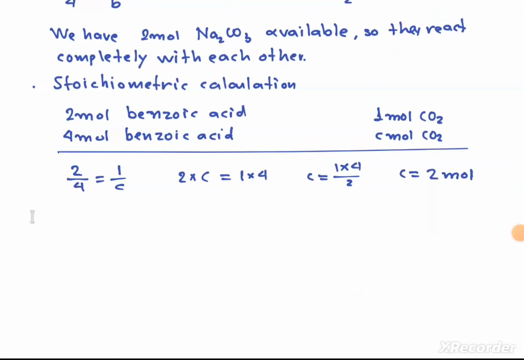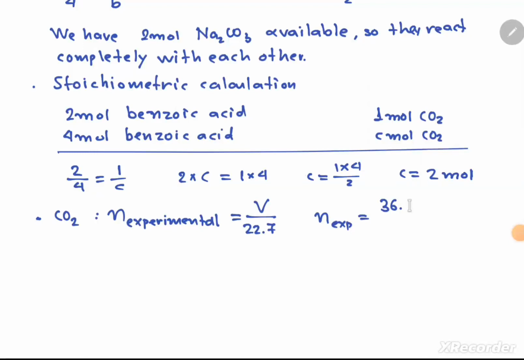We know that for carbon dioxide, the experimental mole is equal to the experimental volume, 36.32 dm³, divided by the molar volume.